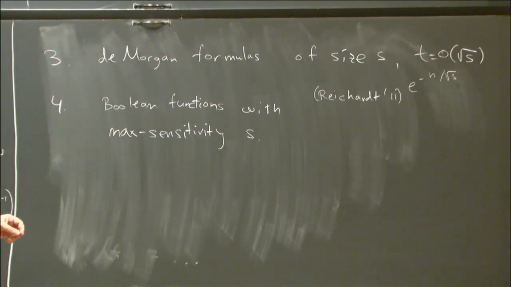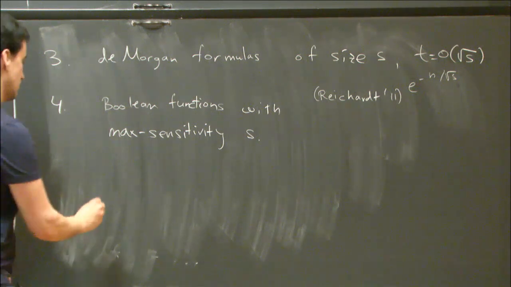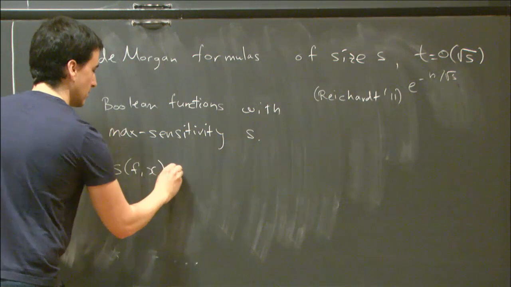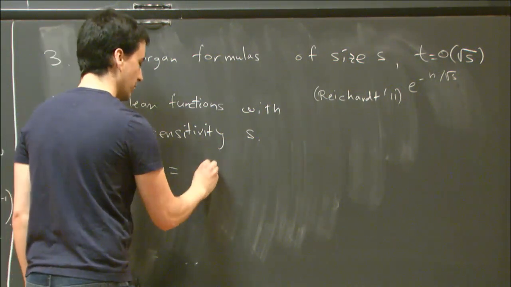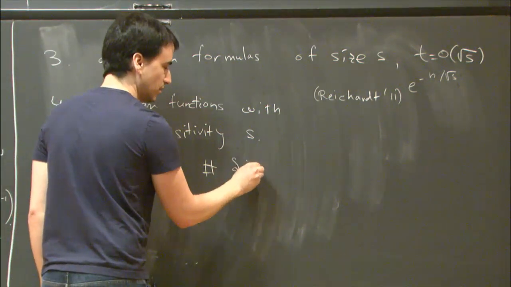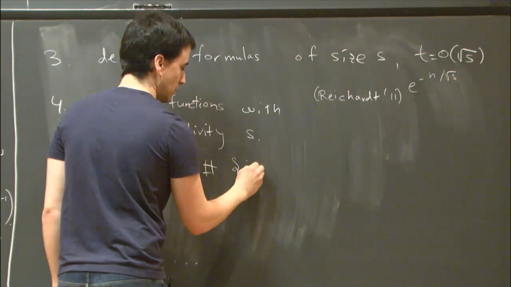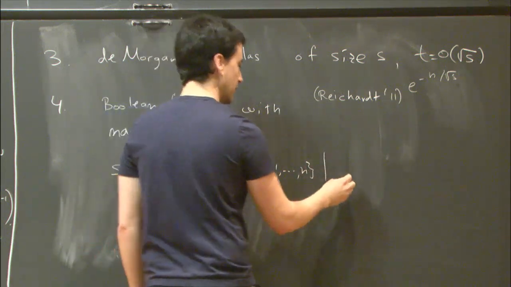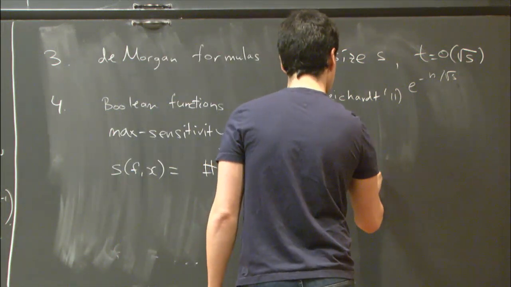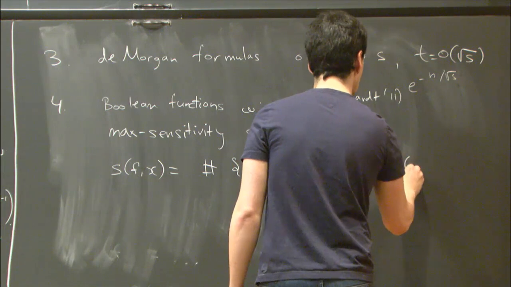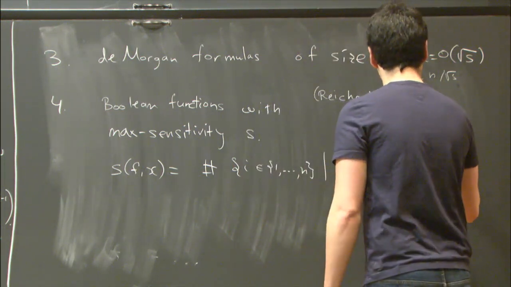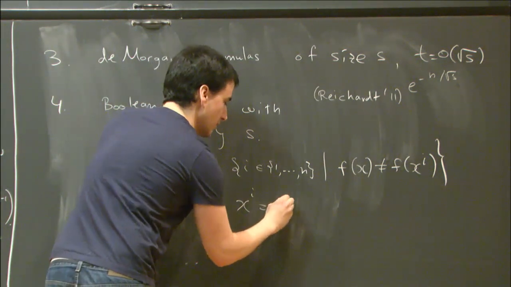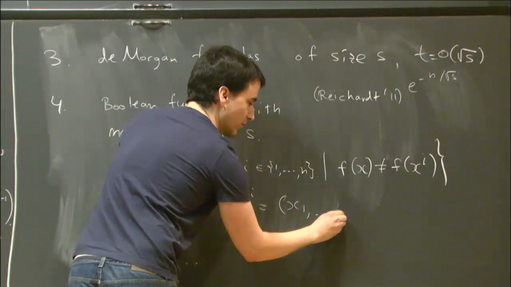So what is the maximum sensitivity? This is the sensitivity of f on a point x. I simply count how many neighbors I have on the Boolean cube with different value, such that f(x) is not equal to f(x^i), where x^i is the same as x, where I just flip the ith coordinate.